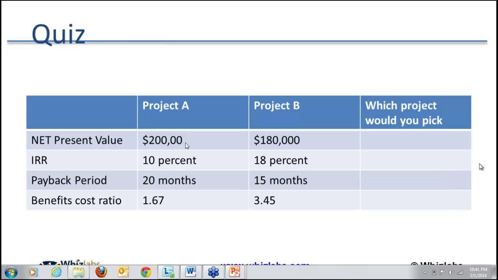If project A has a net present value of 200,000 and project B has a net present value of 180,000, the number of years has already been considered in the net present value formula. So if the exam question asks you, you should go ahead with the project which has the highest net present value. Okay, great. Thanks, Sheikh.